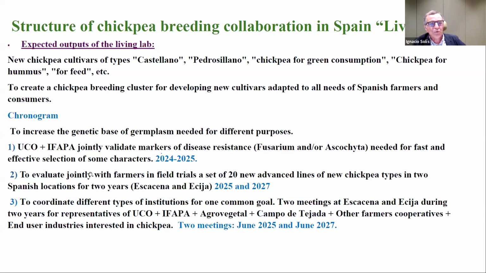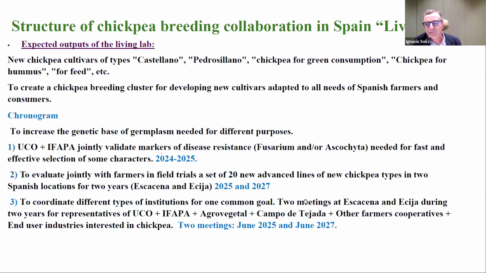The second activity is to evaluate jointly with farmers in field trials a set of 20 new advanced lines of chickpea of different types in 2 locations during 2 or 3 seasons, 2 years, sorry. And the third activity is to coordinate better the institutions that are working for a common goal.